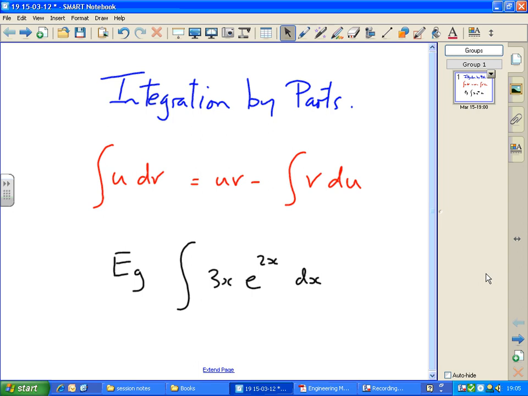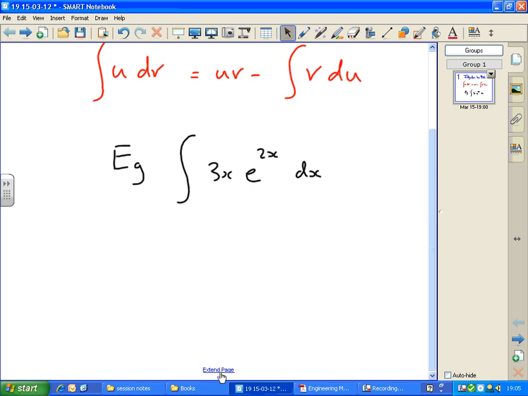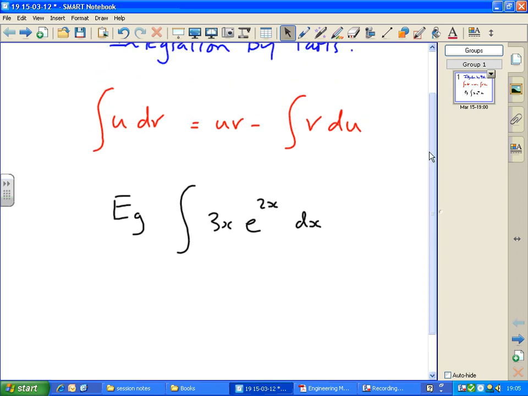What it's saying is, if I want to integrate u dv, it equals uv minus the integral of v du. That's what that's saying. So how do we put this into words, and how do we apply it? Well, the product rule is telling me the integral of u times dv, and actually this is often left out, but it means dv by dx, equals uv minus the integral of v times du by dx.